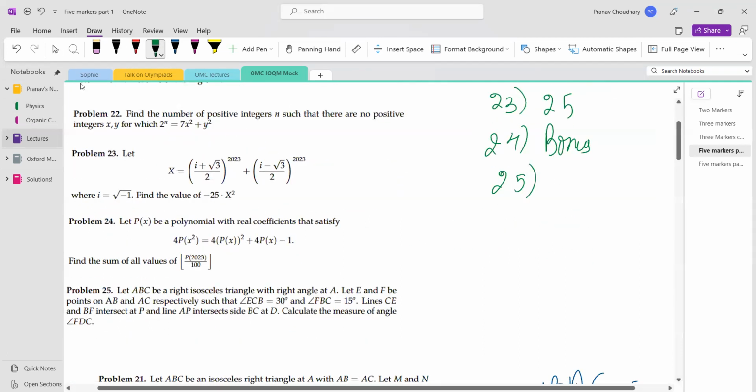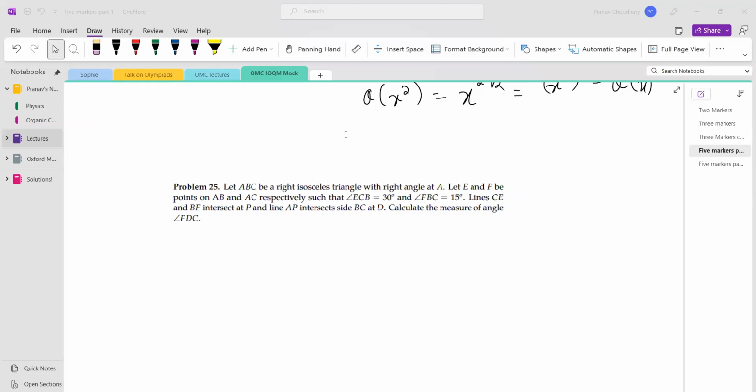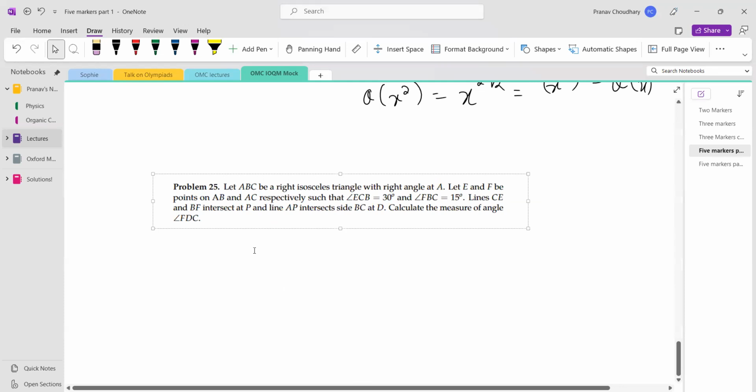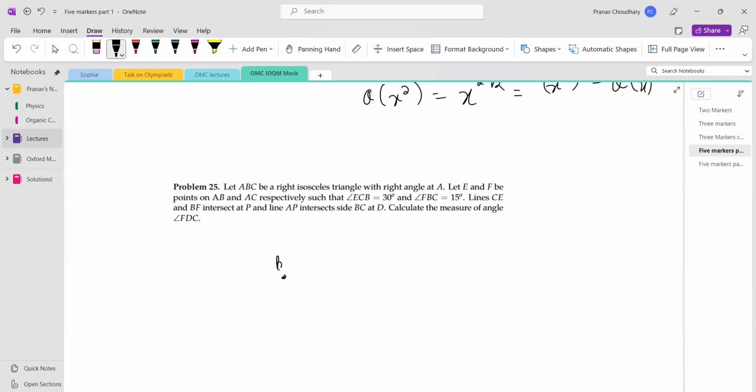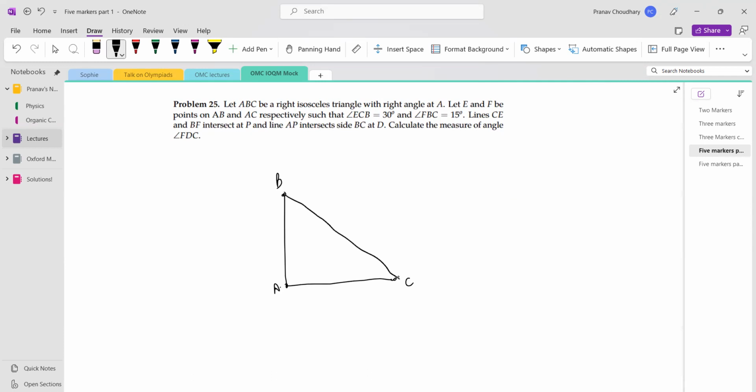Okay, let's move on to the last problem of this video, problem 25. So ABC is a right isosceles triangle with right angle at A. E and F are points on AB and AC such that angle ECB is 30 degrees and angle FBC is 15 degrees.